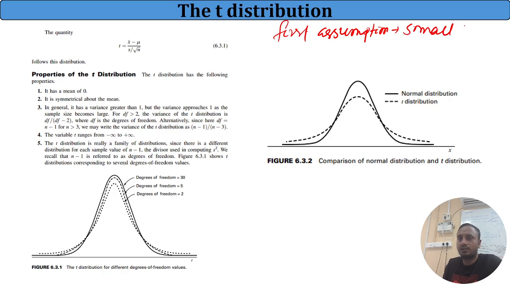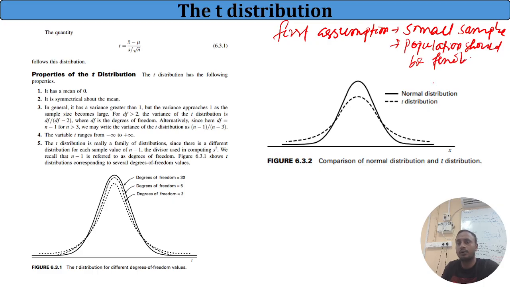Any other? Second, the population should be finite and normally distributed. These two should be followed. If not, then we can't apply the t-test.